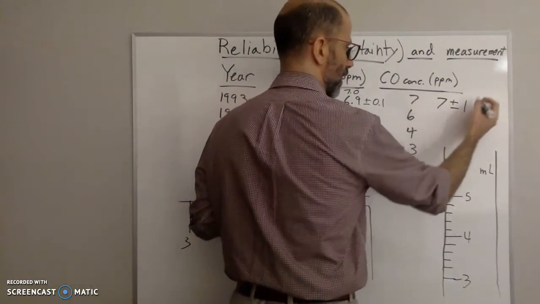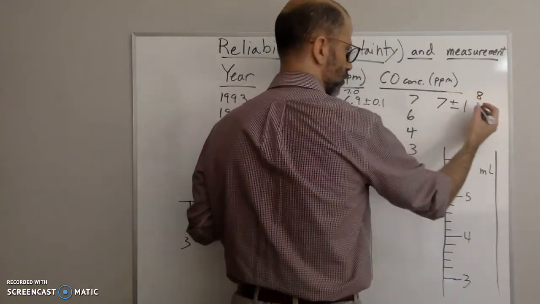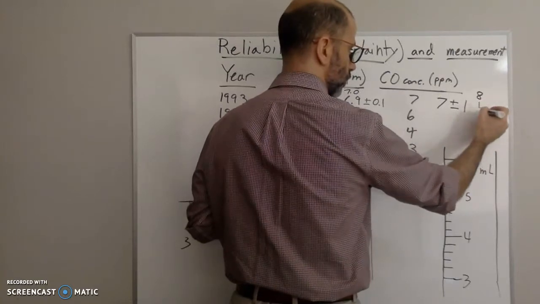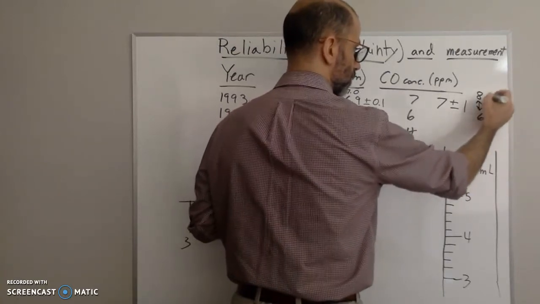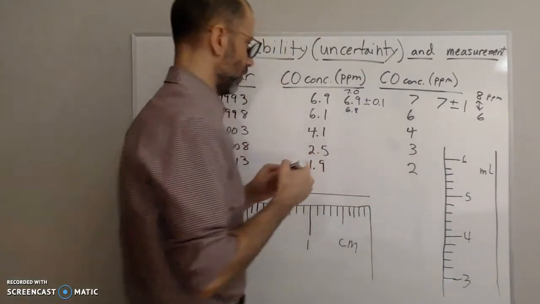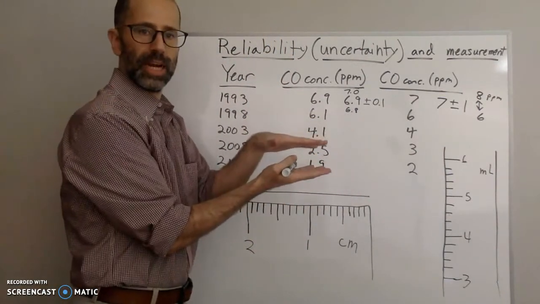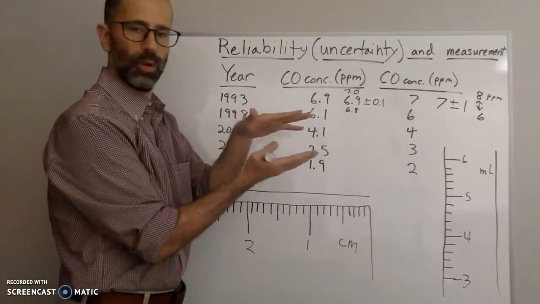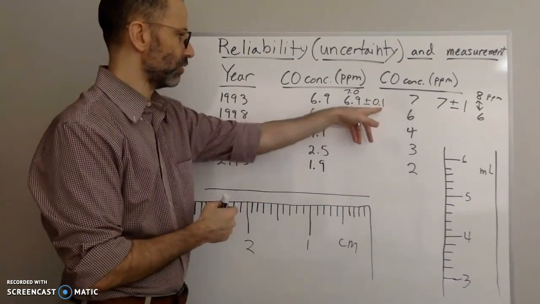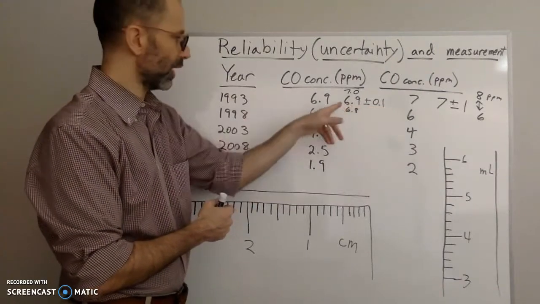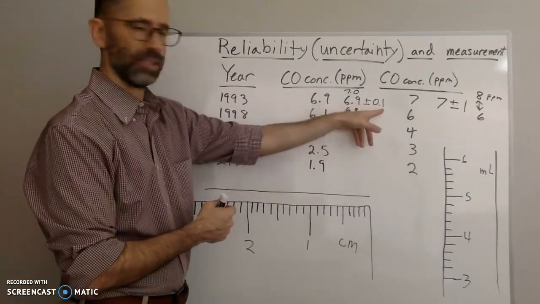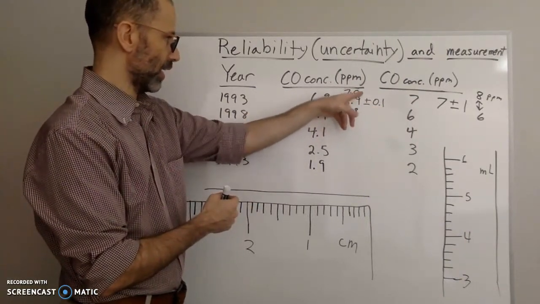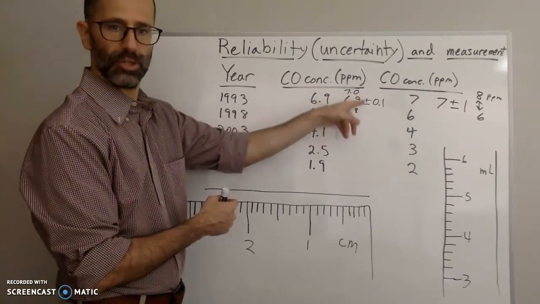Basically, if I add 1, the range would be 8 being the highest and 6 being the lowest, and this is ppm. Here the range is much narrower because the precision is better. The wiggle room is still plus or minus 1 in the last digit, so in this case it's 0.1. So the wiggle room here is much smaller. I get a total wiggle room of 0.2.